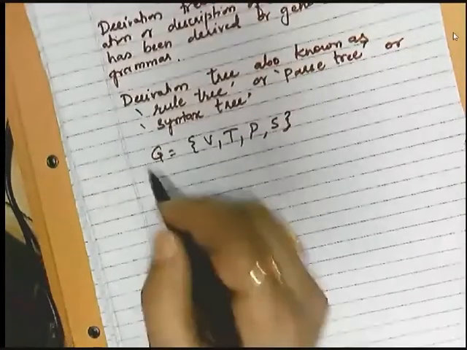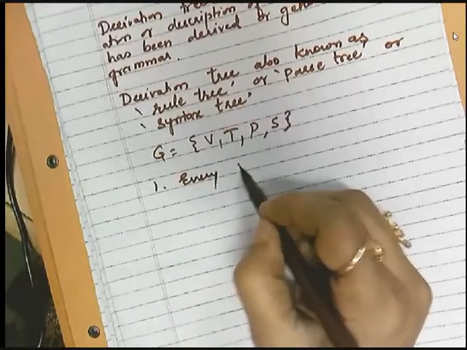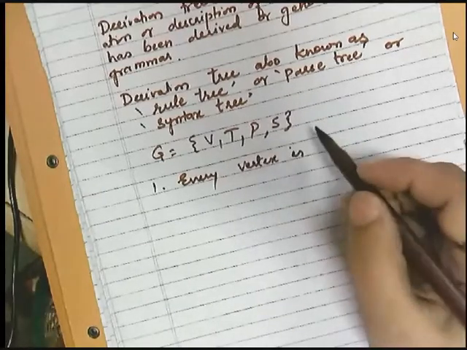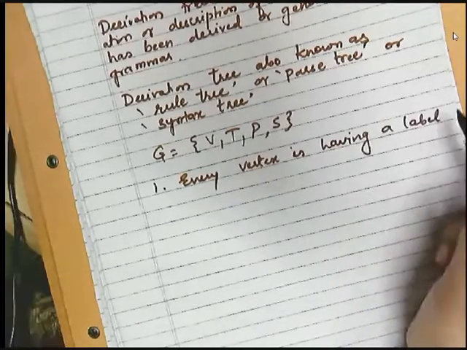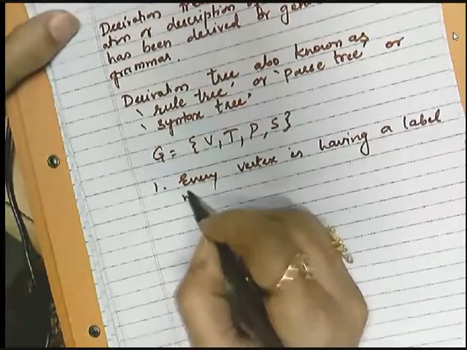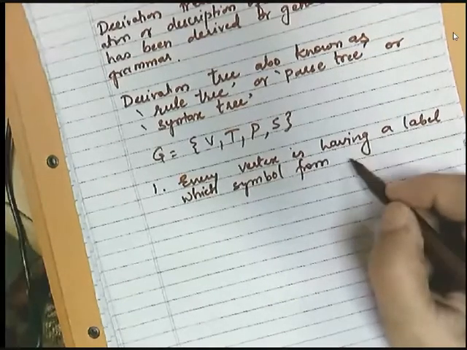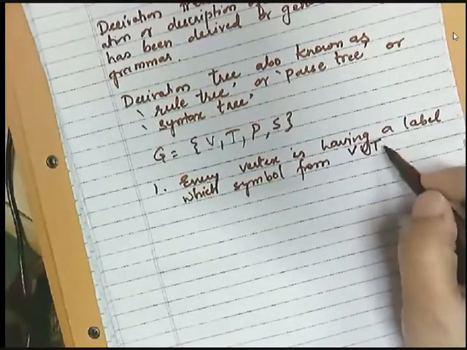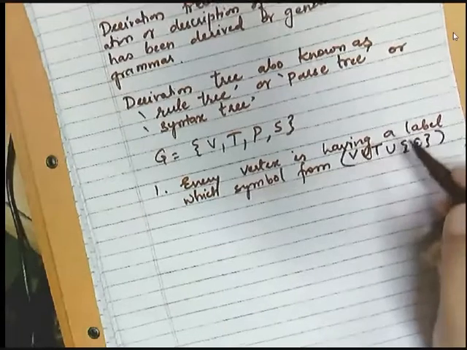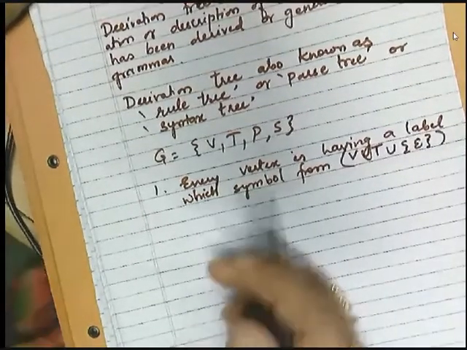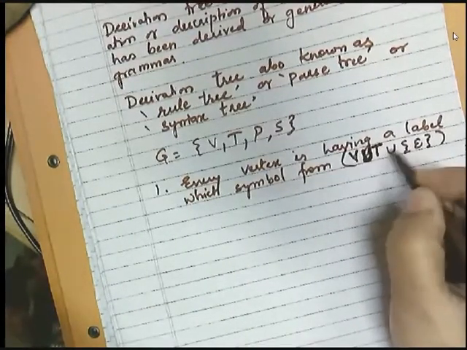So here in the derivation tree, every vertex has a label which is a symbol from V union T union the empty string.